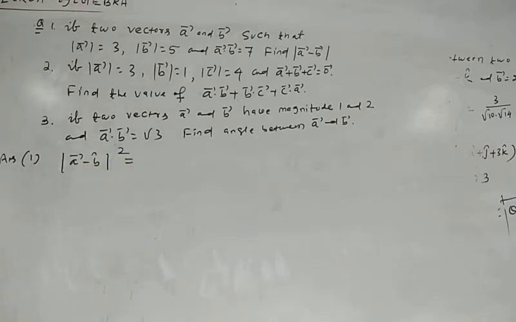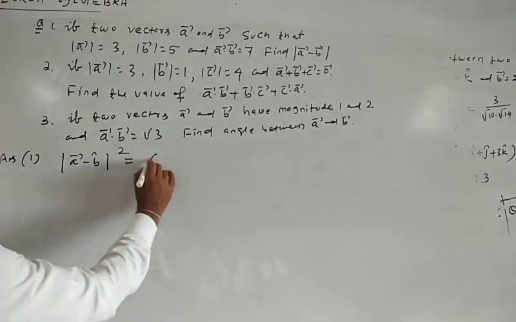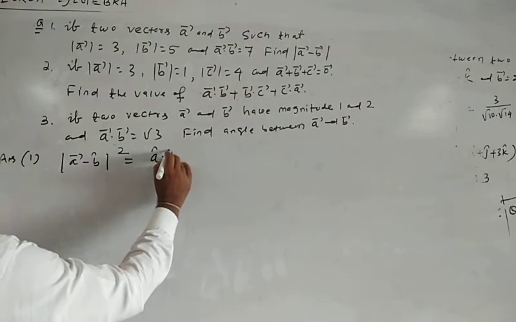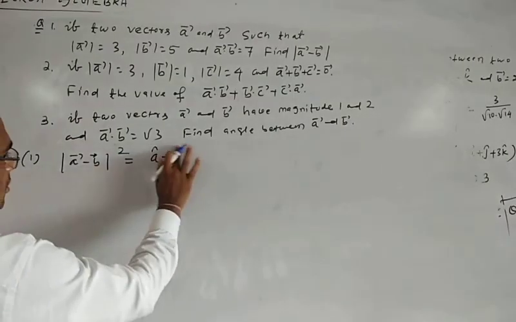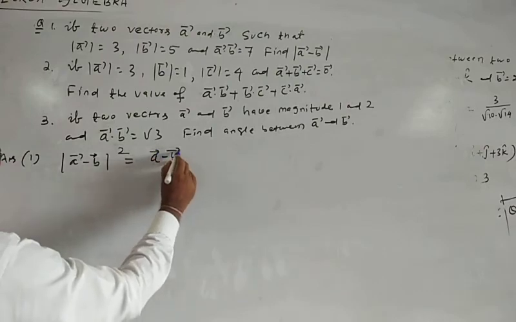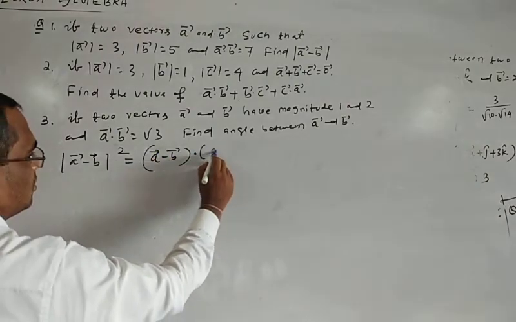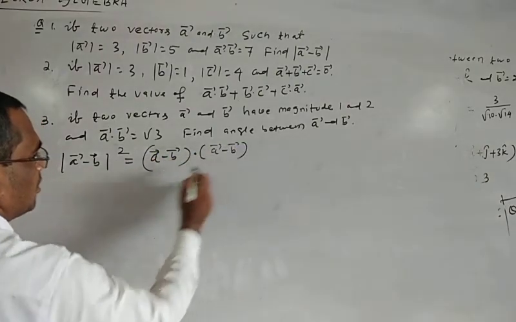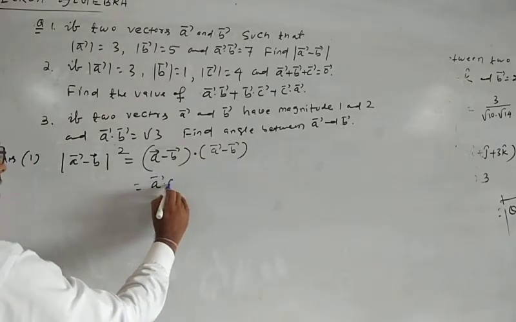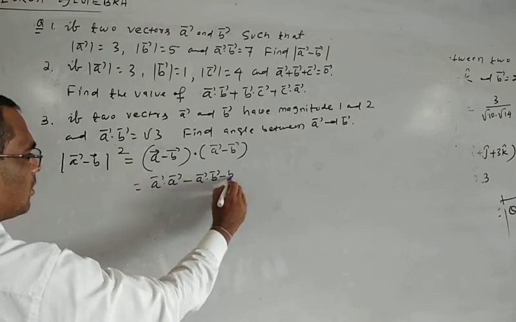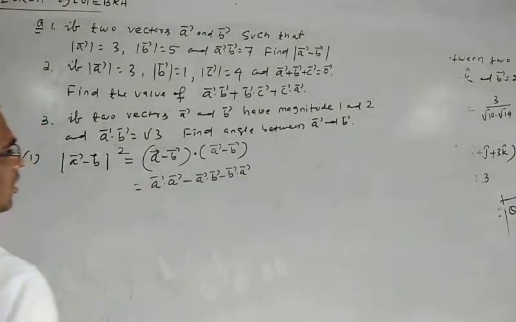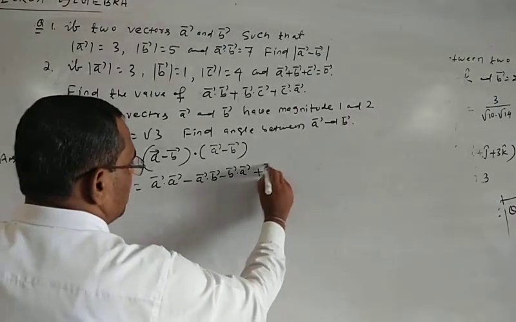You know a vector magnitude square means a vector dot a vector. So this is equal to a vector minus b vector dot a vector minus b vector. So this is equal to a vector dot a vector minus a vector dot b vector minus b vector dot a vector plus b vector dot b vector.